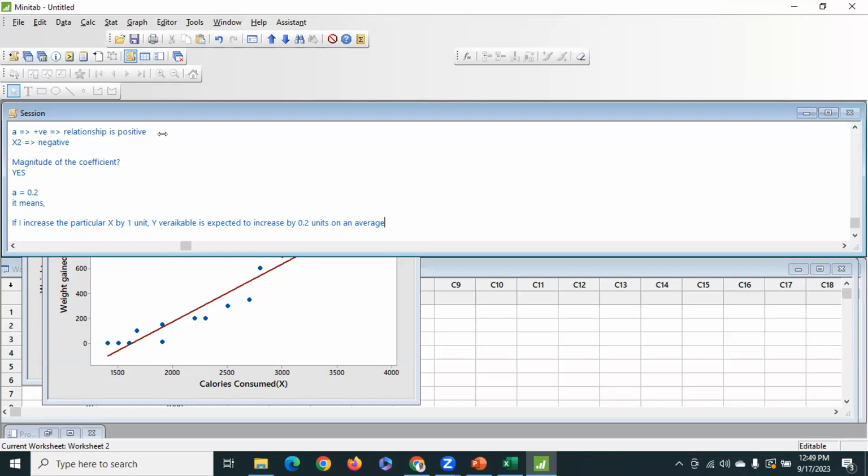You know each and every piece of information. You know which are the significant factors. Please answer me all the questions one by one. Do you know all the significant factors? Yes, sir. And do you also know the kind of relationship each significant factor has got with your y variable? Yes. Do you also know what will happen if you change a particular x by a particular amount? Yes. What else you want to solve your problem?